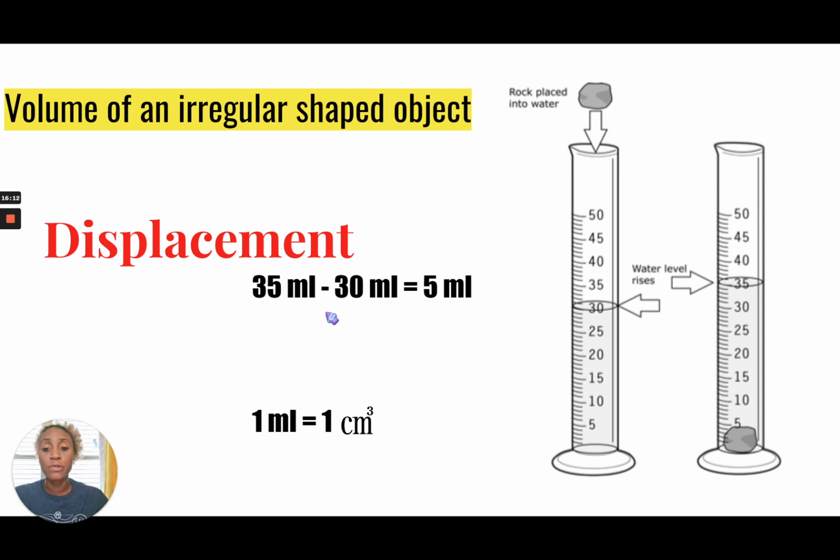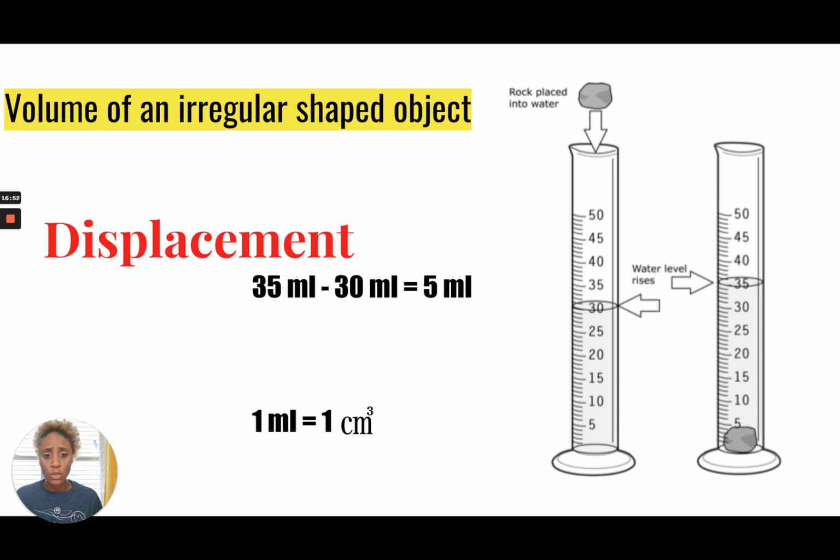So 35 milliliters subtract 30 milliliters will give you 5 ml, right? So you end up with 5 milliliters. So the volume of your rock is 5 milliliters, because the water was displaced by 5 milliliters. So that is where the displacement method comes from.